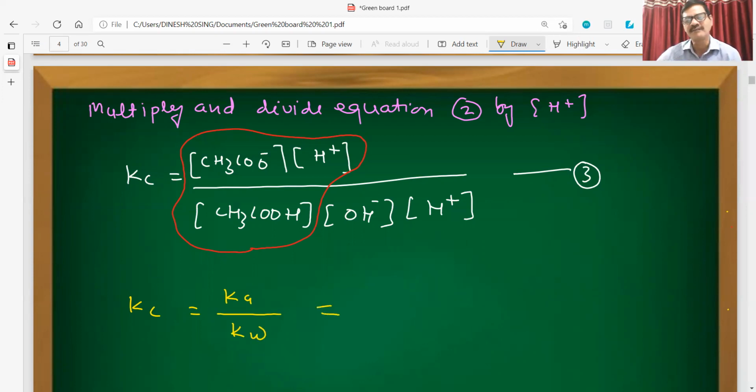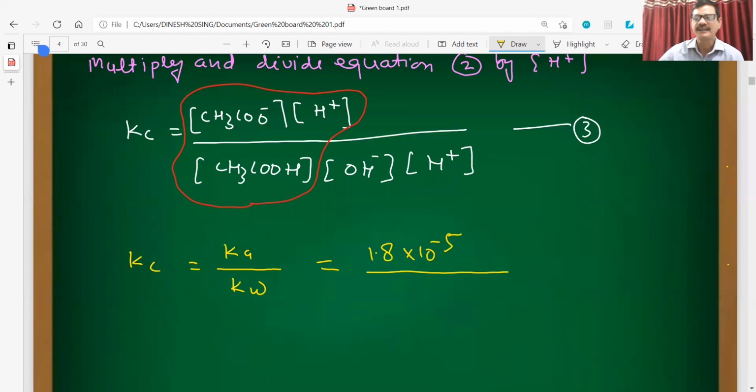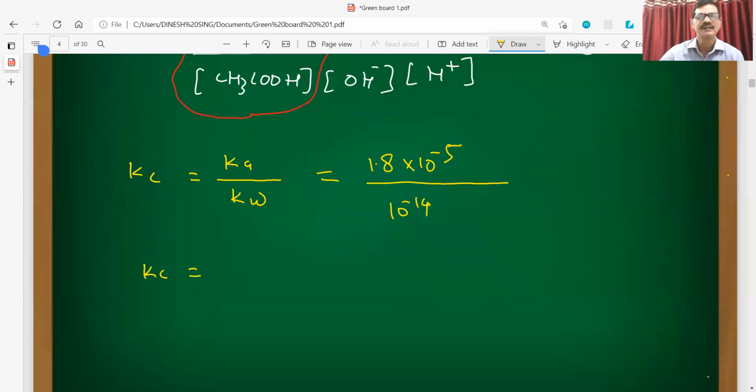Now we can put the values: 1.8 into 10 power minus 5 is K of acetic acid. The ionic product of water is 10 power minus 14. So now Kc will become equal to how much? That is 1.8 into 10 power 14 minus 5, which is 9.